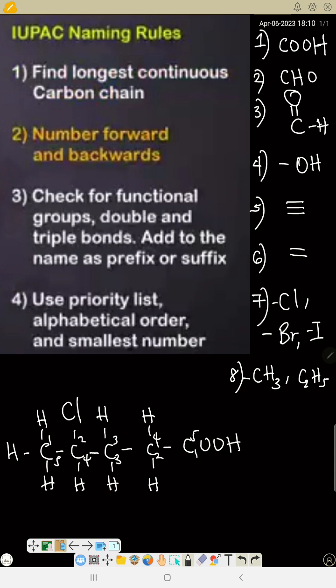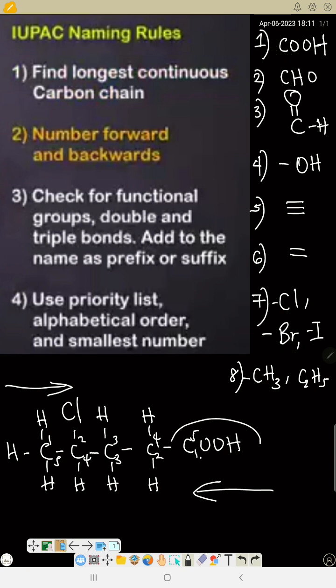Which one will give me the direction of my numbering? Is it this way or this way? If you number this way, chlorine is closer. If you number this way, COOH is closer. But if you look at the priority list, COOH surpasses halogens, so it's the COOH that will tell us the direction.